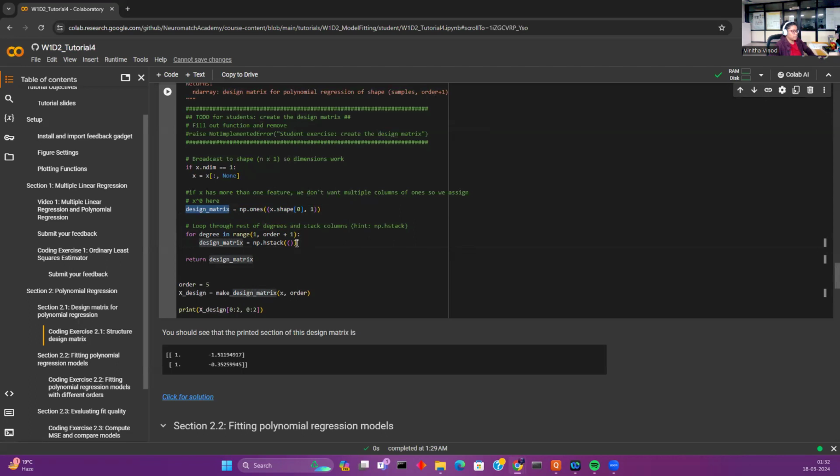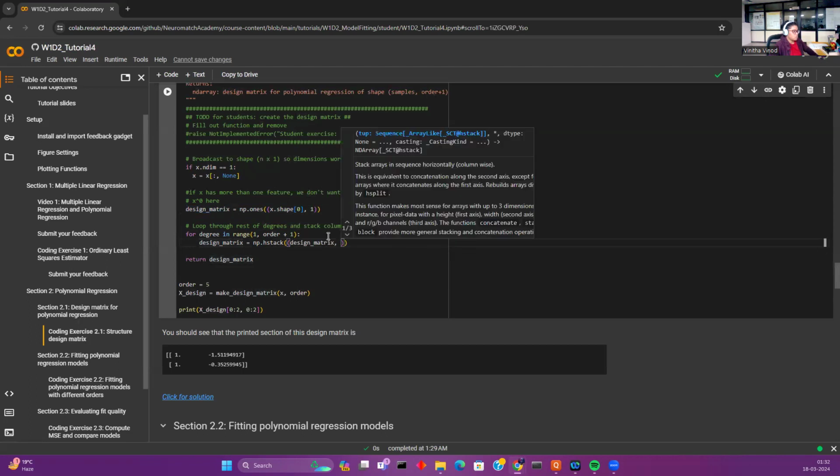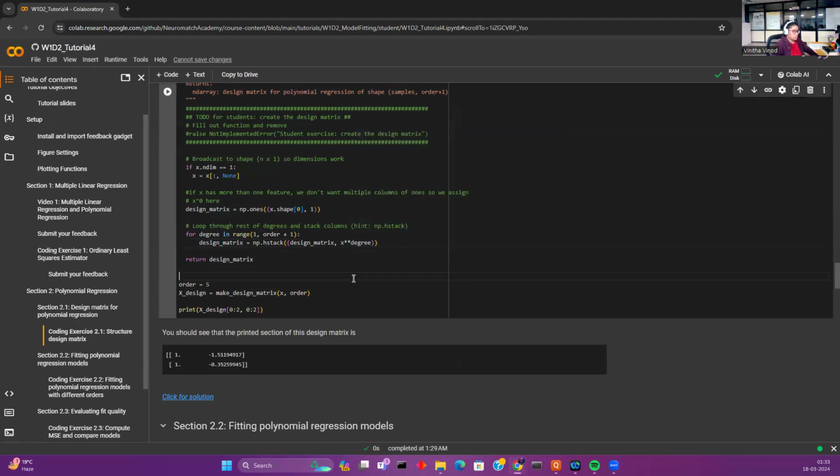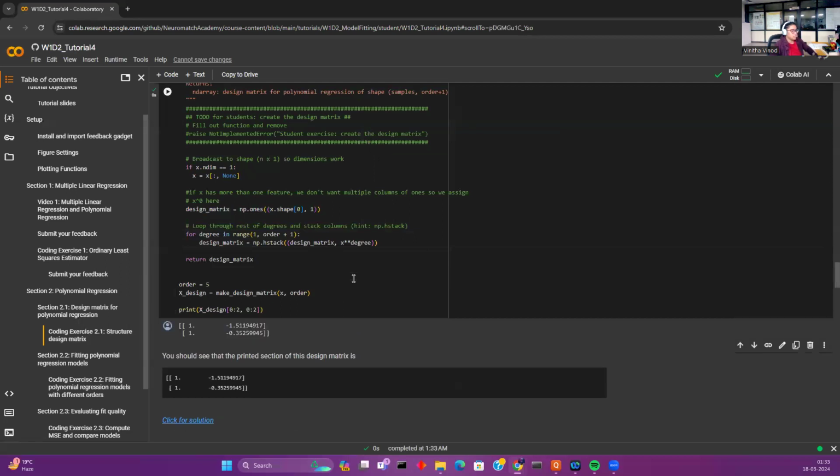So you have your design matrix, then you want to raise the power of x to your degree. So yes, this should work. When you print it, what you get is the first two columns of the design matrix, the X design matrix, and we'll further work on this. Thank you. That's it.